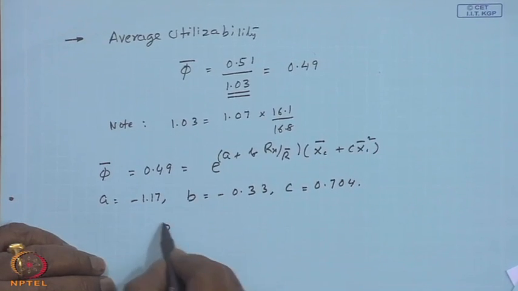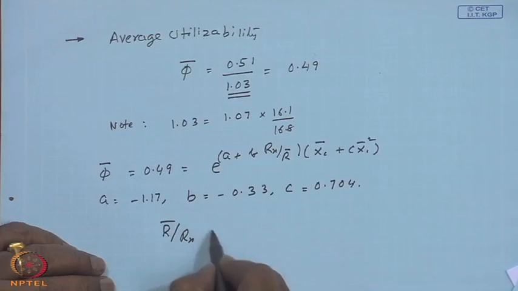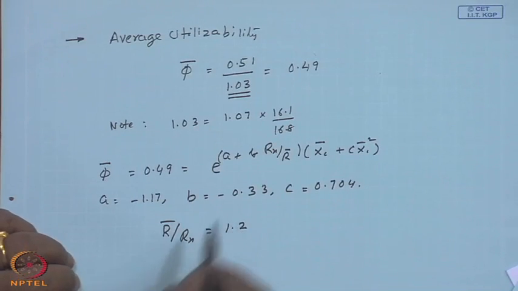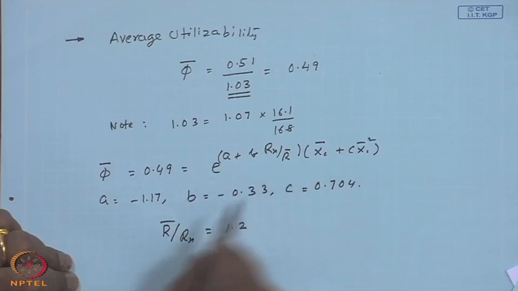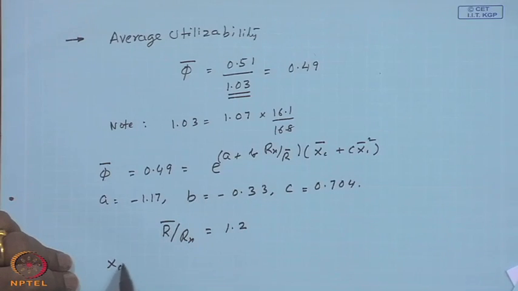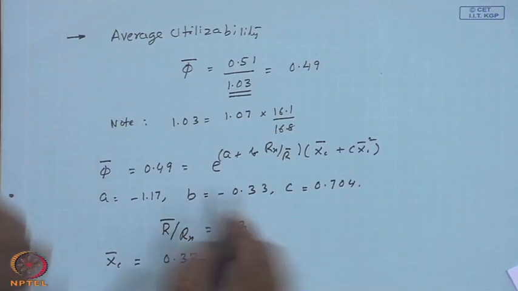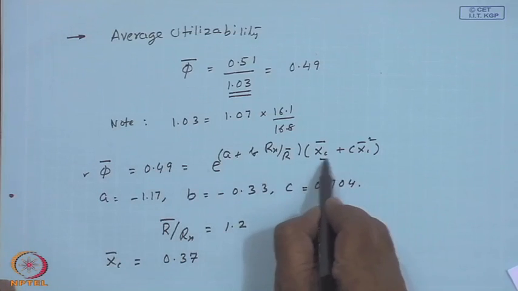So, r bar by r n, again you see, r bar by r n is 1.2. So, if I plug it in, everything is known to me. So, x c bar I back calculate, which will turn out to be 0.37. So, this is an equation set up to calculate x c bar.